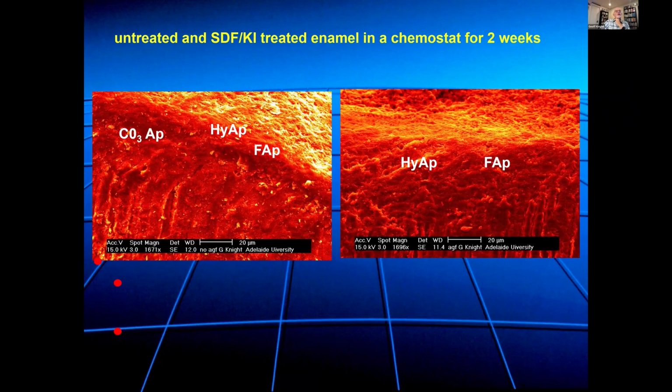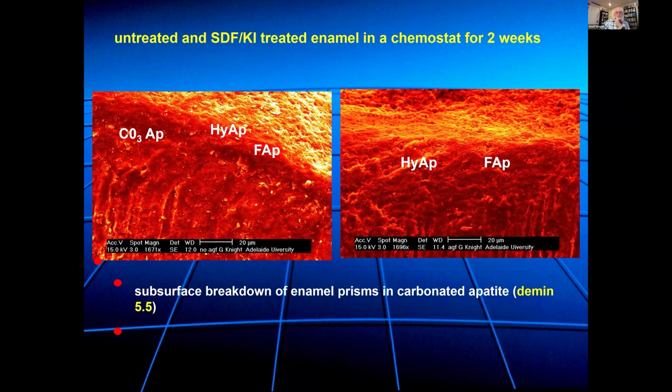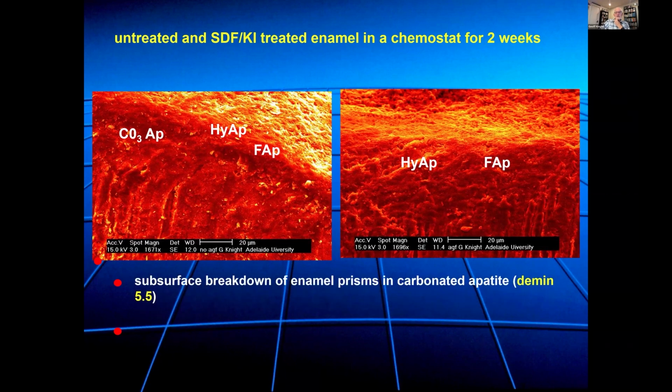Here on the left-hand slide you've got subsurface demineralization. The tooth has been in a chemostat for a couple of weeks, and you see the carbonate apatite has been slightly dissolved. A chemostat is basically a device that generates caries on a tooth.